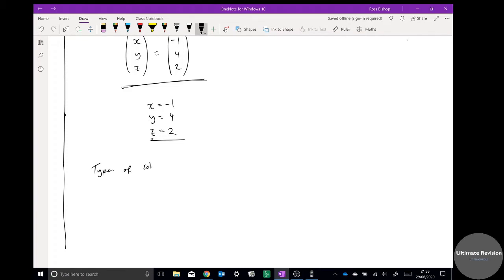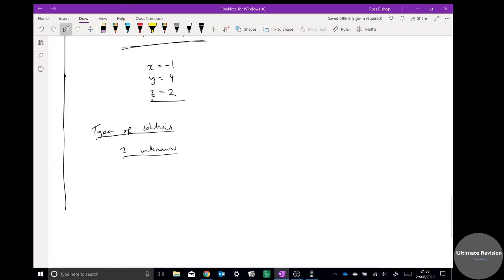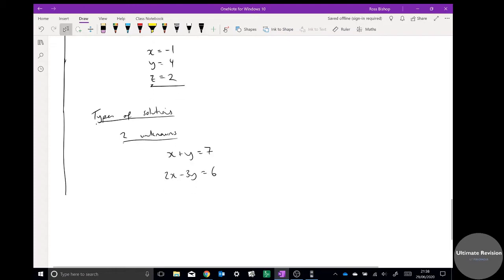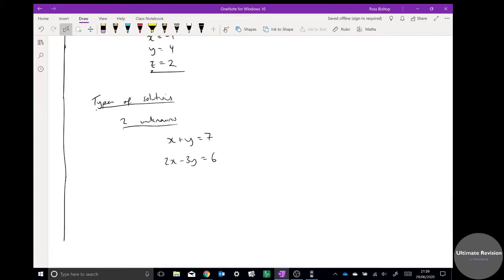Now we'll have a look at types of solutions when you've got 2 unknowns. So when you've got two unknowns, something like x plus y equals 7, and then maybe 2x minus 3y equals 6. These are equations of lines, aren't they? So you've got two lines there, in the two-dimensional plane.